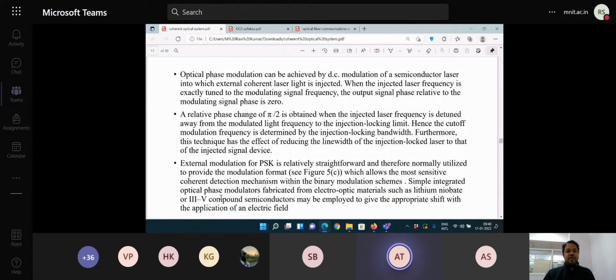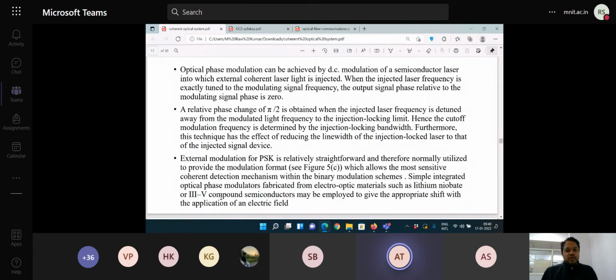So coming to phase shift keying, the optical phase modulation can be achieved by DC modulation of a semiconductor laser, into which external coherent laser light is injected.